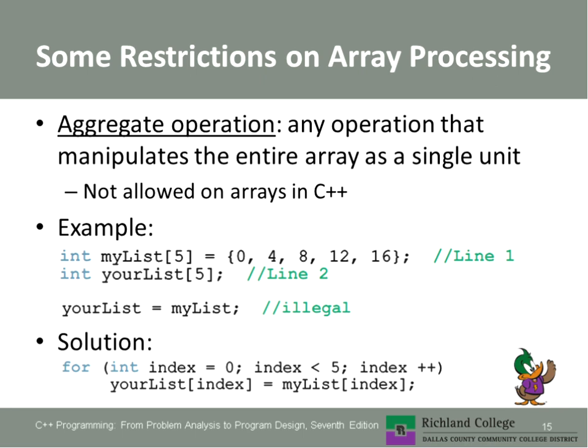Now, even if it would be allowed, what does that really mean? Okay. So if you have 2 arrays, let me do 5 elements, because that's what this one shows.